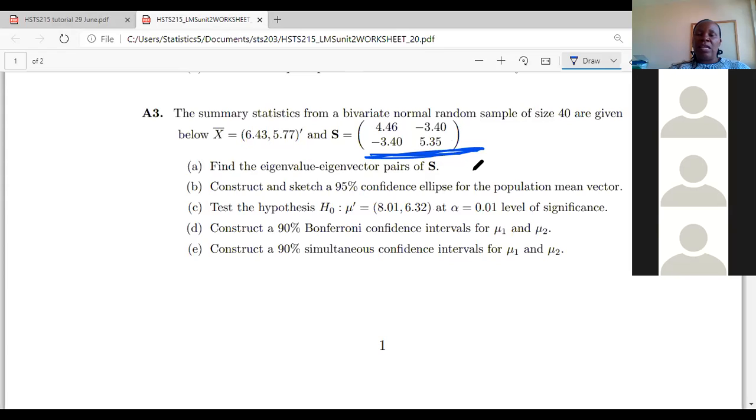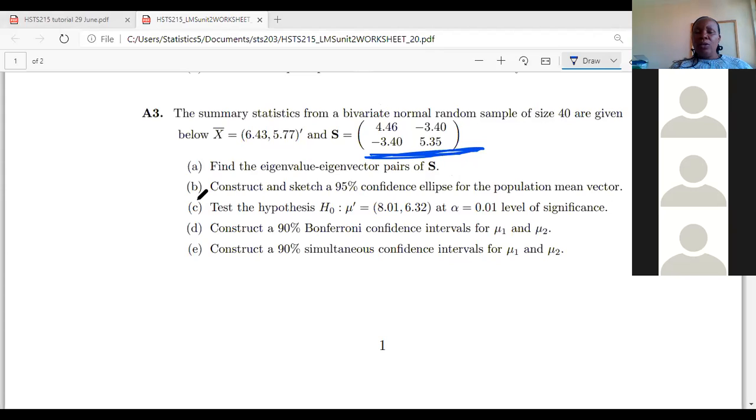That's one point on finding eigenvectors. So you check whether the eigenvectors are orthogonal by finding their inner product. E1 transpose by E2 should give you 0. Then you know they are perpendicular, they are orthogonal.